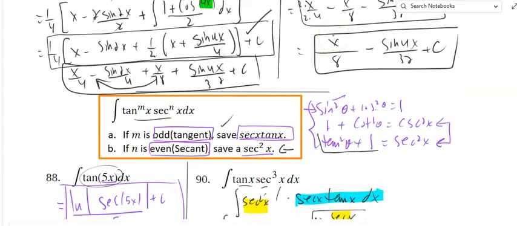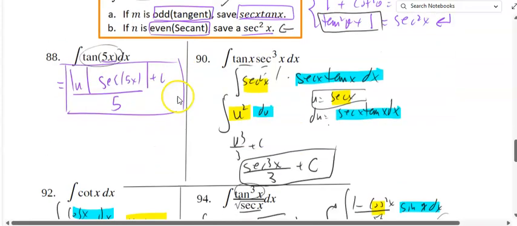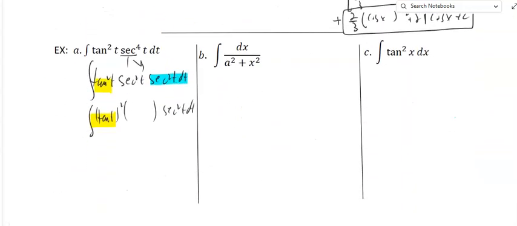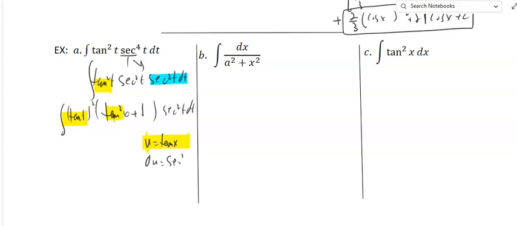Secant squared is tan squared of x plus 1. So if I let u equal tangent, du is secant squared of x dx.